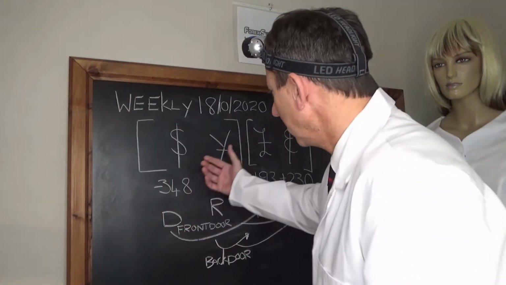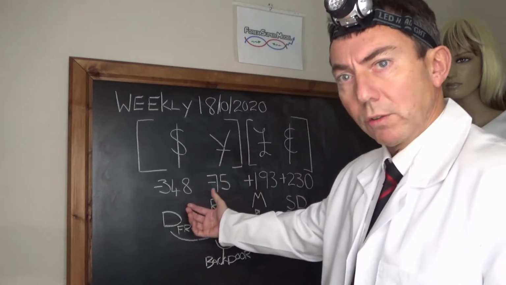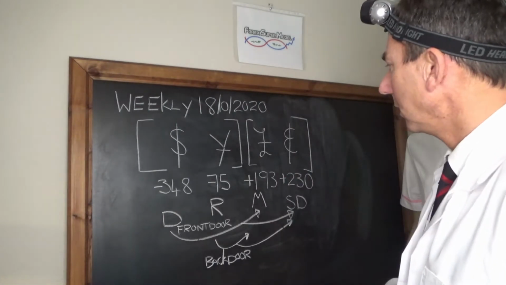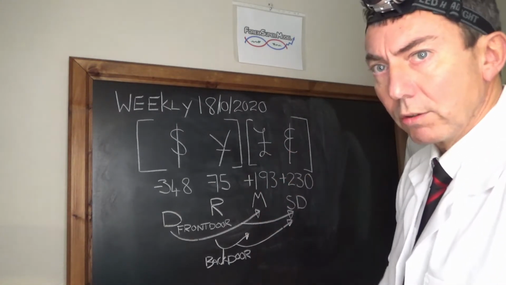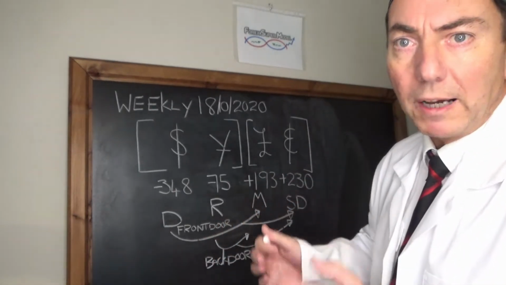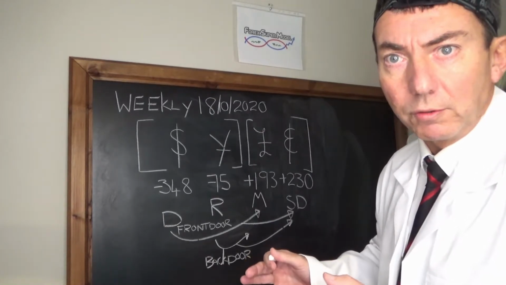Now, because the yen was selling off, some of those negative flows had to go somewhere, and they'll be going into positive complexes, which are, in this case, the pound and the euro. By definition, backdoor flows will be smaller than front door flows.